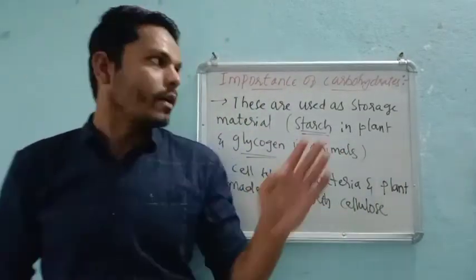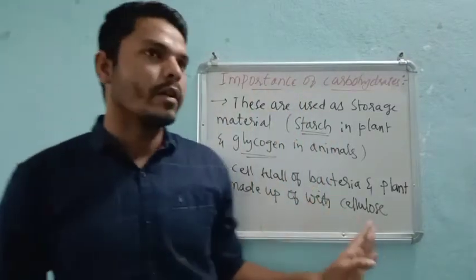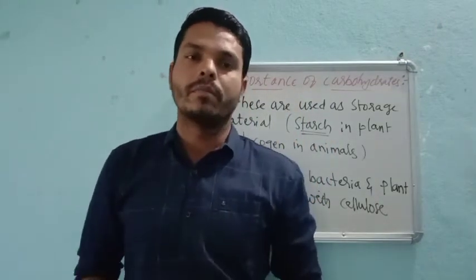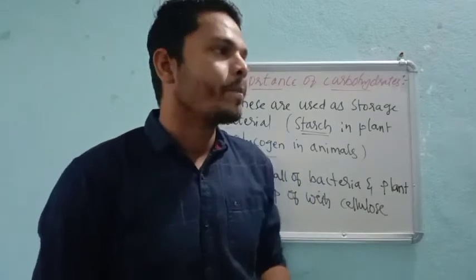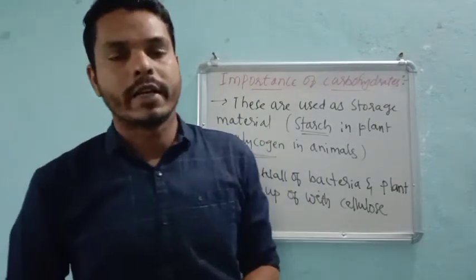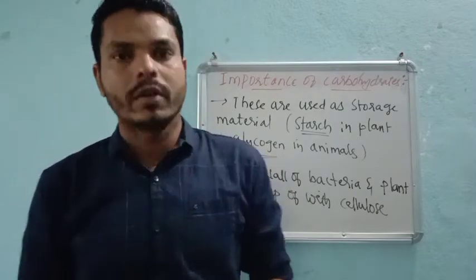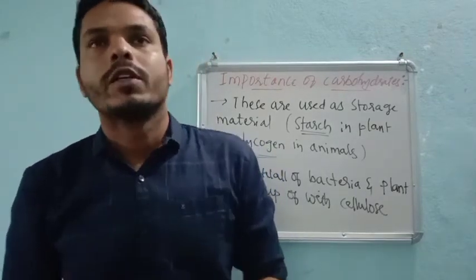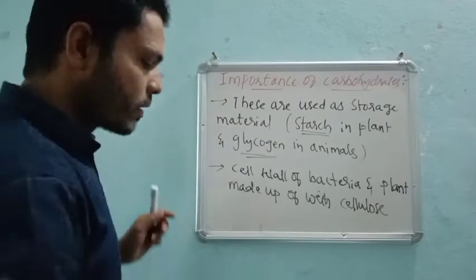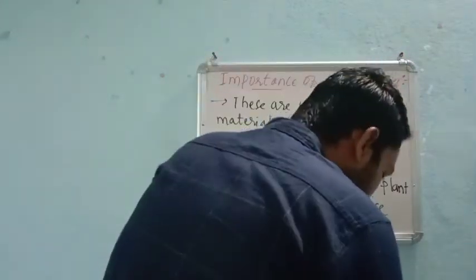And not only these, they are also important in commercial uses. So they provide raw material for the textile industry, paper industry, as well as breweries, and for the coating of woods, right? So these are some of the importance of carbohydrates.